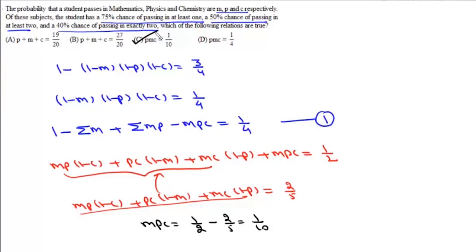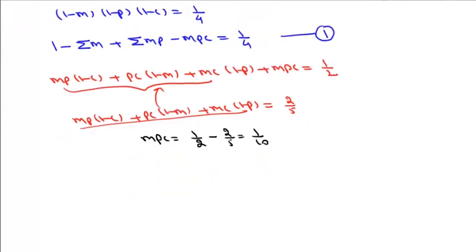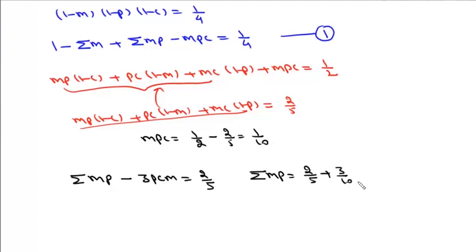That means this option C is correct. Now from this third equation, we can write this summation MP minus 3 times PCM is equal to 2 by 5, and PCM is 1 by 10. So from here we can write this summation M into P will be 2 by 5 plus 3 by 10, and there will be 7 by 10, and that's our second equation.